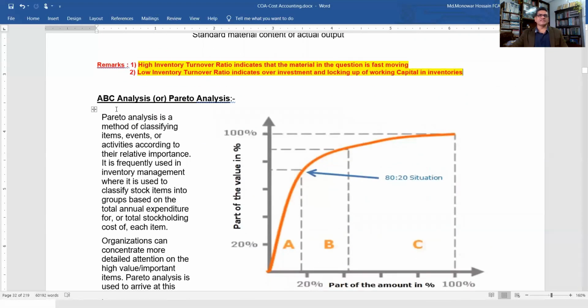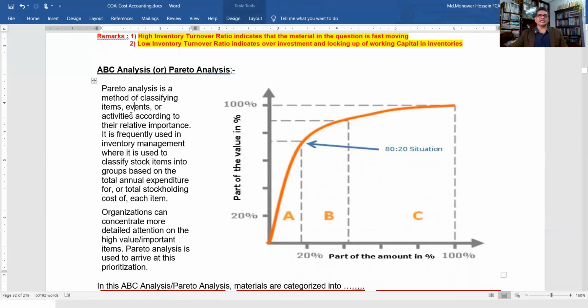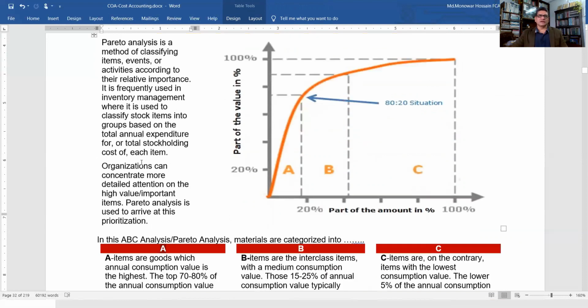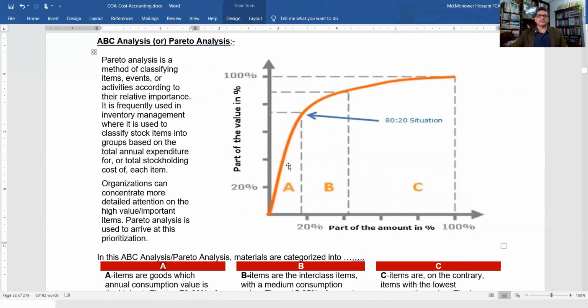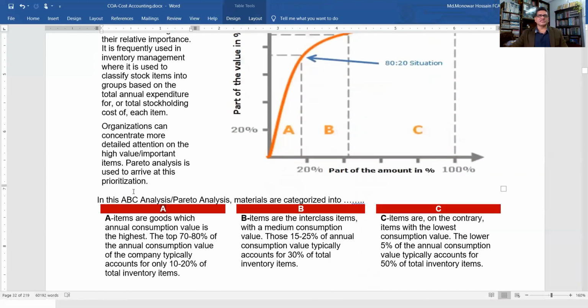Now ABC analysis. It is one kind of inventory control mechanism. Here, all inventory is categorized into 3 types: A, B, C. A is the item or goods whose annual consumption value is highest.